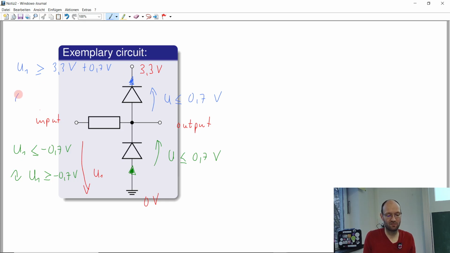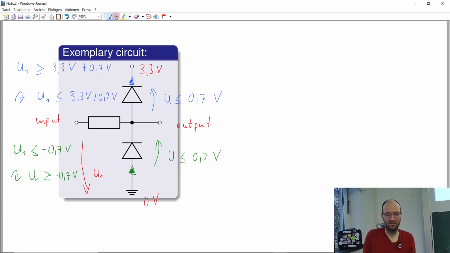So this means that the input voltage will always be smaller at the end than the 3.3 volts plus 0.7 volts, the forward voltage of the diode.